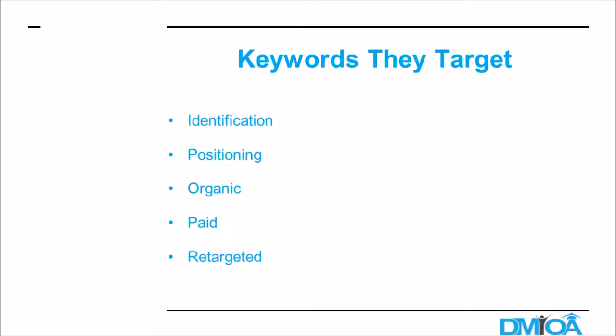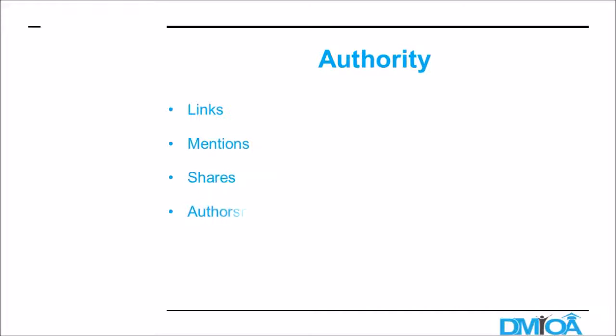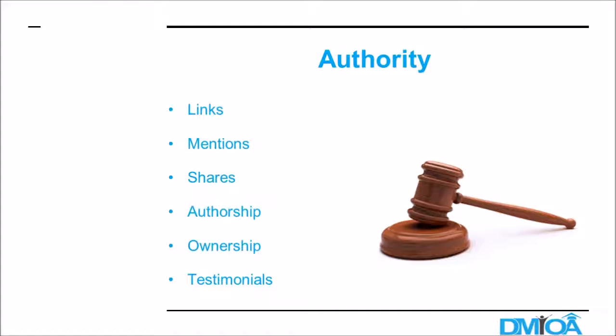We often try and see what kind of authority there is for the competitors. Online authority would mean the number of links that they have, the mentions, the shares, the authorship, the ownership, and the testimonials. Ownership is more about the age of the domain, the number of pages, and the citations, etc. Generally, what we do is we prepare an authority sheet for ourselves and the competitors that we are targeting or have identified, and we try and bring them to a level point.